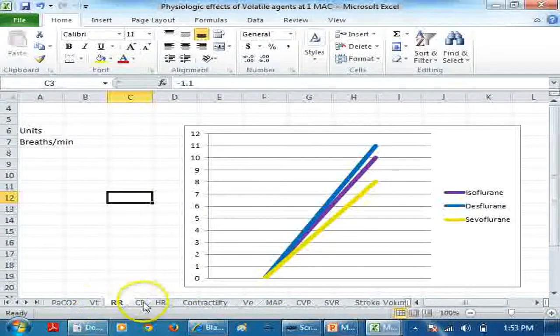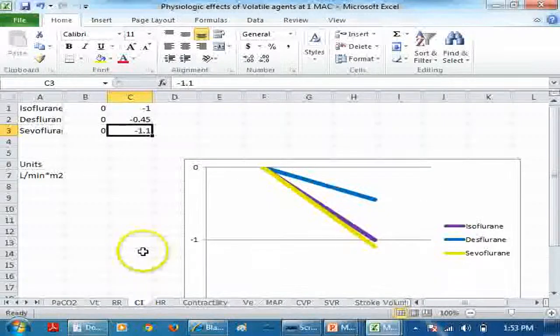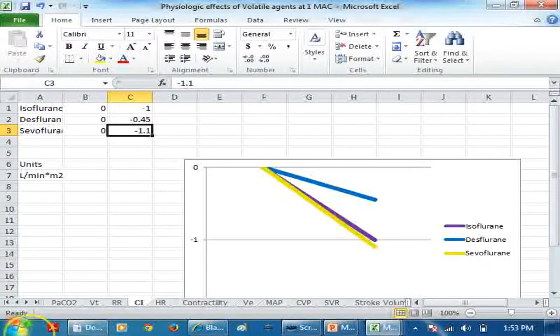Now let's look at the effects on the cardiac index. Cardiac index drops, but desflurane, there's a point here. Desflurane has this little property to it that the others don't have.